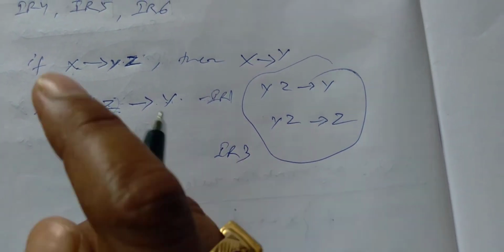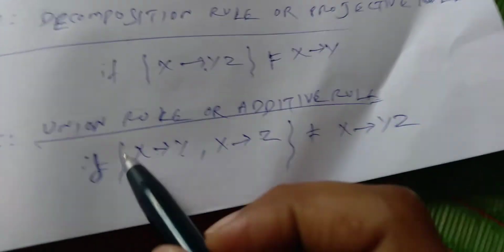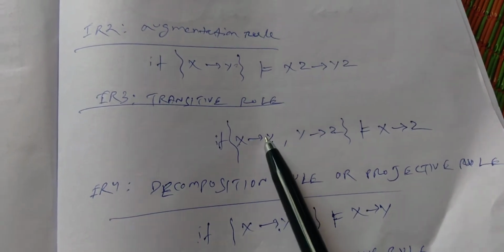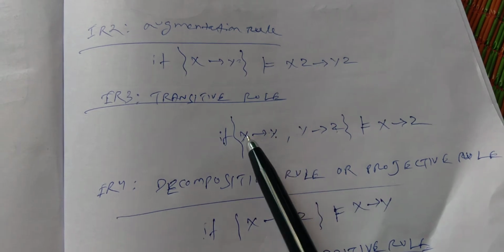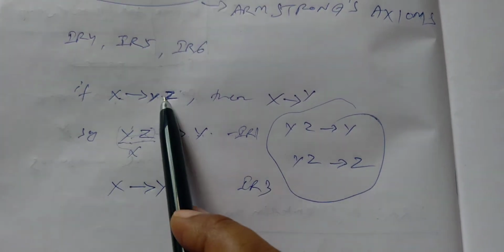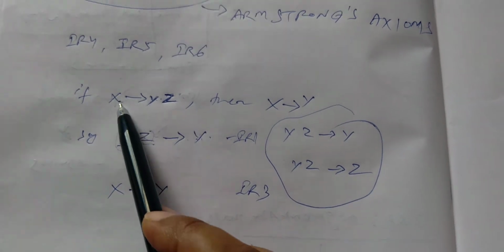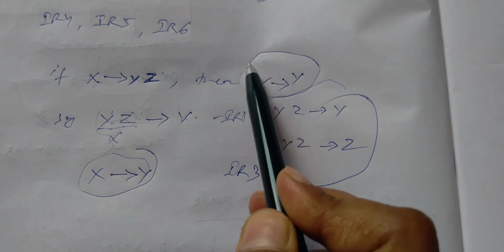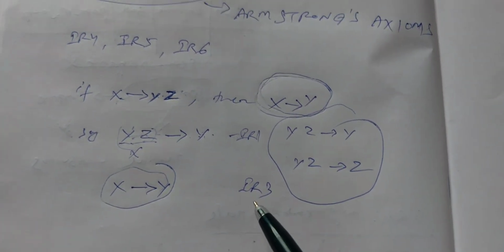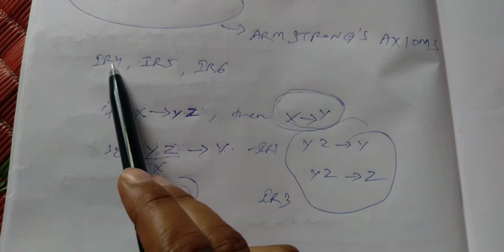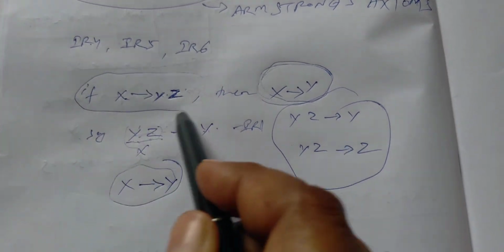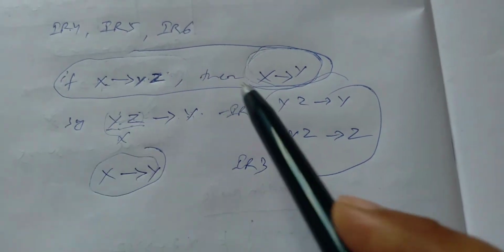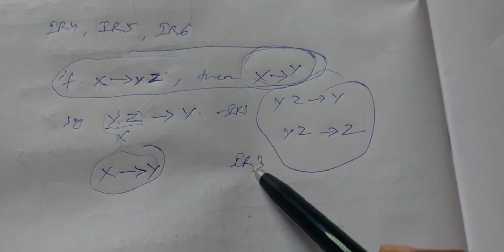This was the transitive rule which says that if x determines y, y determines z, then x can determine z. So the same thing you applied here. Got? This you are trying to prove. So now it is proved. So IR4 is actually derived based on IR1 and IR3.